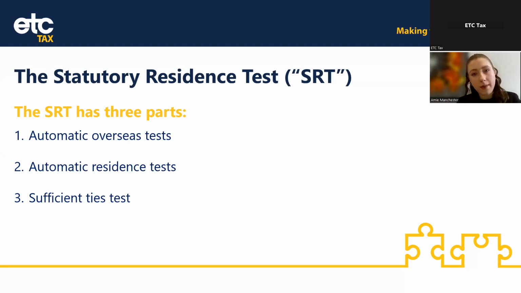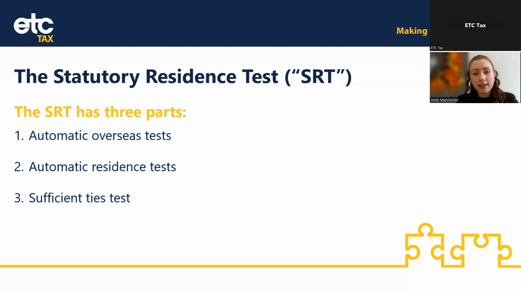If any of these are met, the individual will be considered a non-UK tax resident for the tax year in question. If none of these tests are met, which we'll come on to look at in a bit more detail shortly, then we move on to look at the automatic residence tests. If any of these are met, the individual will be considered a UK tax resident for the year in question. However, in a similar fashion to the first test, if none of these are met, we move on to look at the sufficient ties tests.